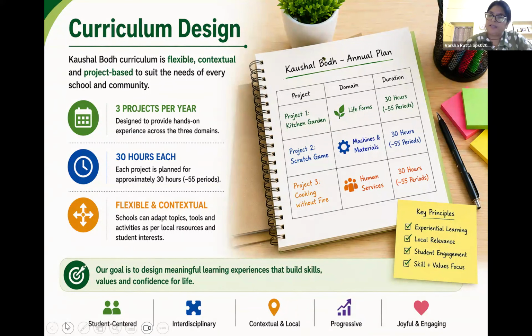Okay? And yes, I've been telling you, you can adapt your topics, your tools, your activity as per the resources and the students' interest in your school. The kind of students that you have, the place where you are placed, whatever is easily available to you.